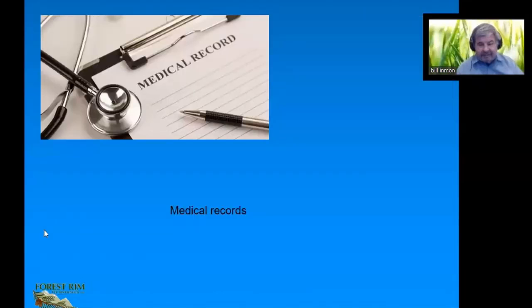on the internet. Another interesting place where there's a lot of information out there is medical records. I don't know if you've ever looked at a medical record, but a major portion of the medical record is in the form of text. And you say, well, okay, Bill, what's the big deal?